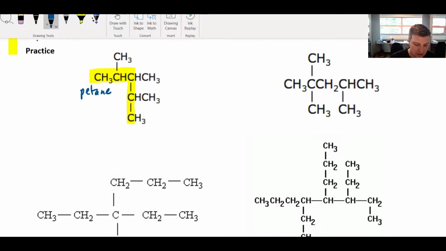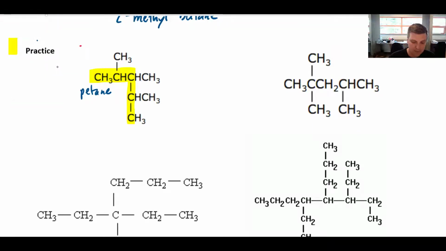The next thing I need to do is identify my branch groups. I can see I've got 1, 2, 3 branches coming off of the parent chain, and each of those branches contains just a single carbon. So they're going to be methyl groups attached to the parent chain. I need to number the parent chain so that those methyl groups get the lowest possible numbers.